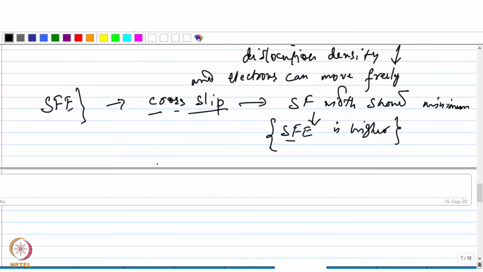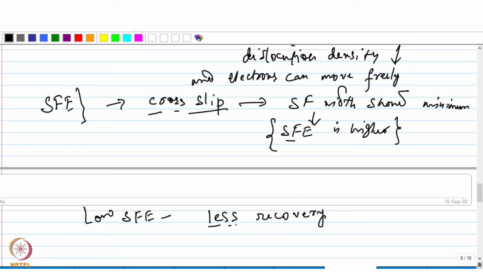On the other hand, if the stacking fault energy is low for such materials, recovery will be less. Right, so with regard to recovery, stacking fault energy is a very important parameter.